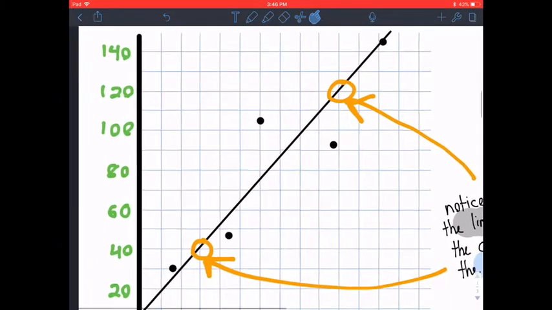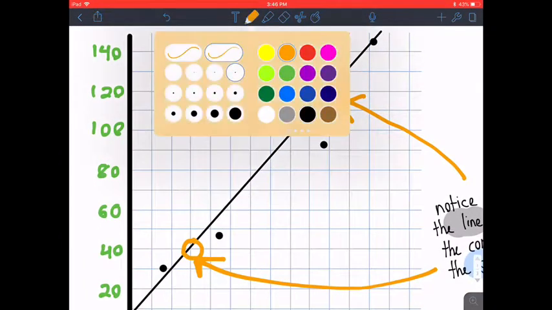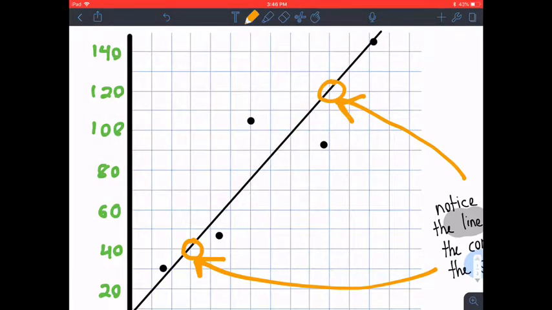Well, just to use an example, I cannot select this point, because that point's not on the line. And even though it's at a nice intersection of a grid right here, see how those lines intersect? I can't use that point because that's also not on the line. I need to use points that are on the line.